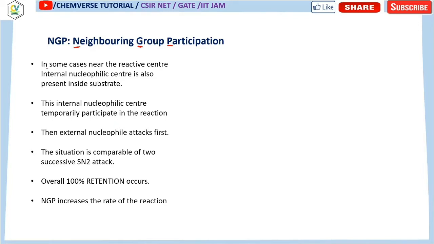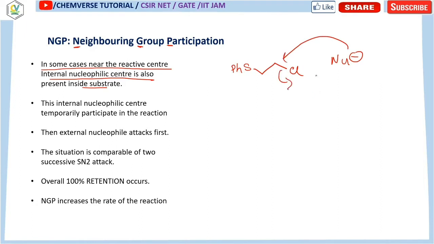Now what we can see is that in some cases, near the reactive center, an internal nucleophile center is also present. Suppose I am considering some substrate like this one. This is a substrate. Now over here some nucleophile I am going to add, and that will basically give the nucleophilic substitution reaction in this center, and as a result of that we will get this product.